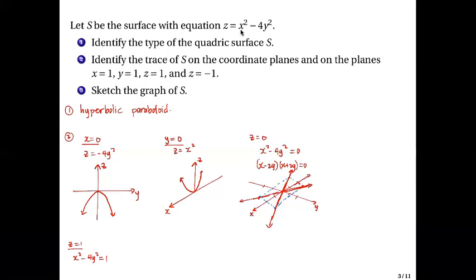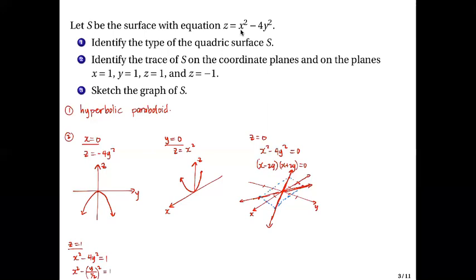So we have, again, the x and the y axes. And this is a hyperbola. Or we can rewrite this as x squared minus y over 1/2 quantity squared equals 1.